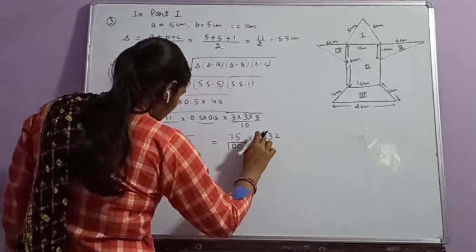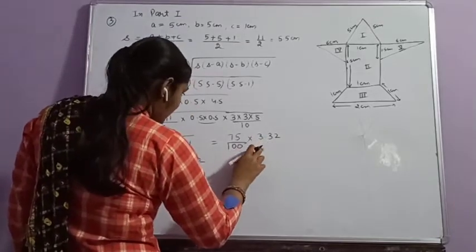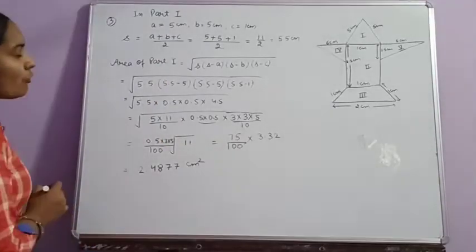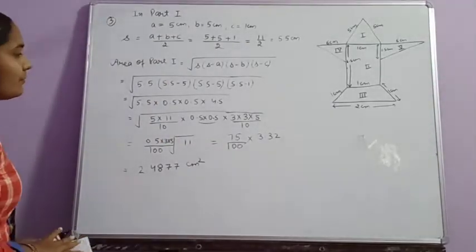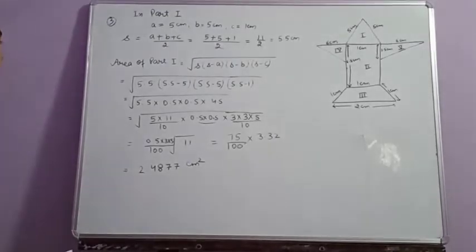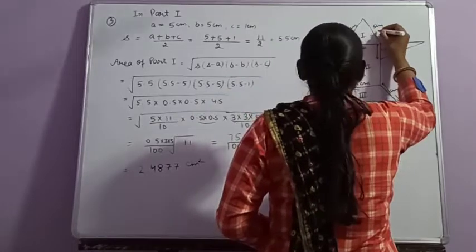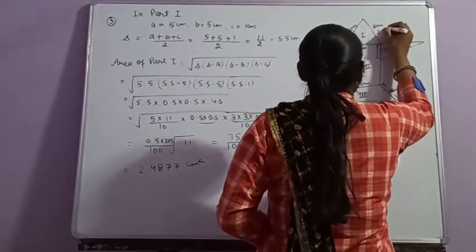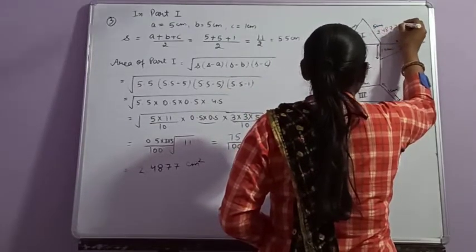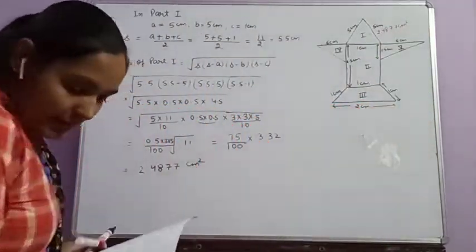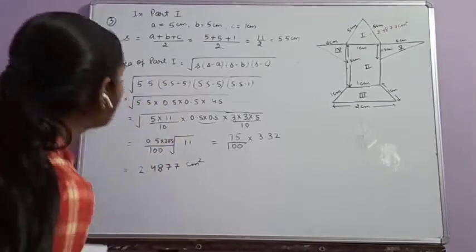Clear? Now we have to calculate the area of the second part. We write here that the area of the first part is equal to 2.4877 square centimeter. Clear? Now we calculate the area of part 2.